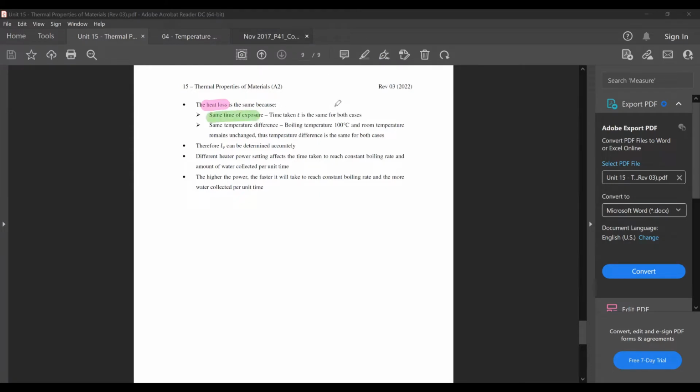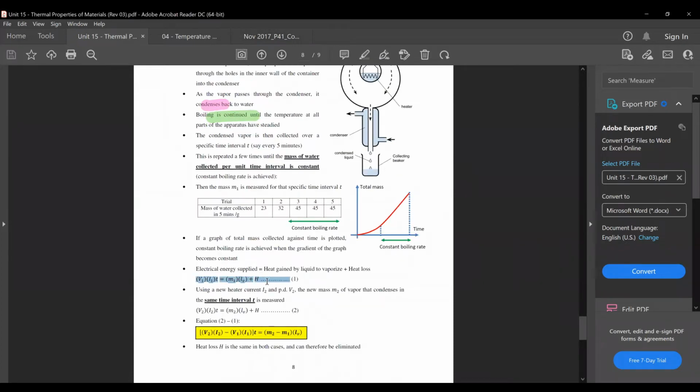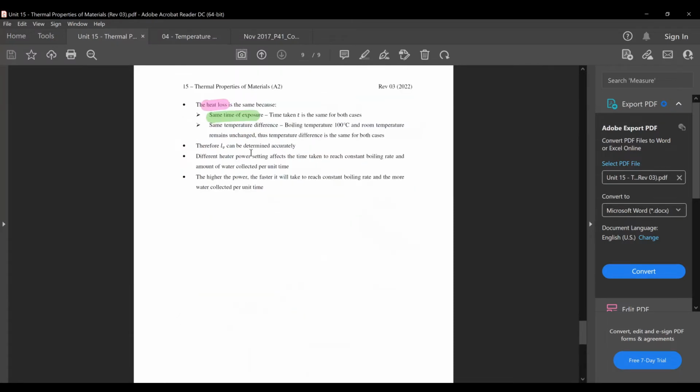Remember, I mentioned just now, if the first time you did the experiment you used 5 minutes when collecting the mass, the second time you use a different power setting, the mass that you collect must also be for 5 minutes. So because of that, I can say that the exposure time for my apparatus is the same. Time taken T is the same for both cases.